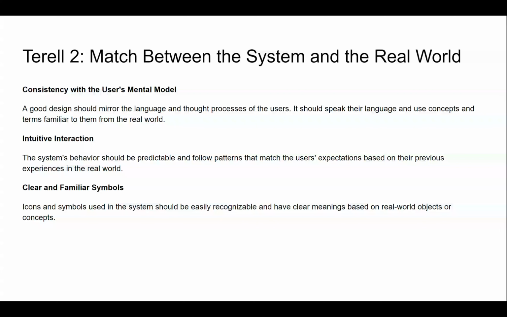But what if I am designing a plants application, right? And I wanted to make the settings for the application a tree. That's cool, honestly, but does it make any sense? Is it easily recognizable? Does it have a clear meaning?